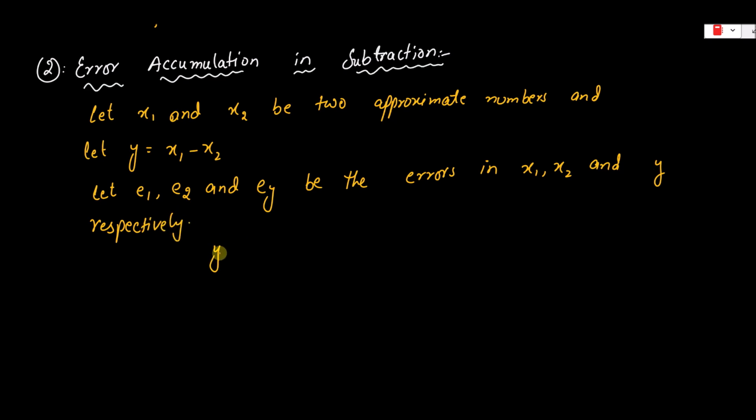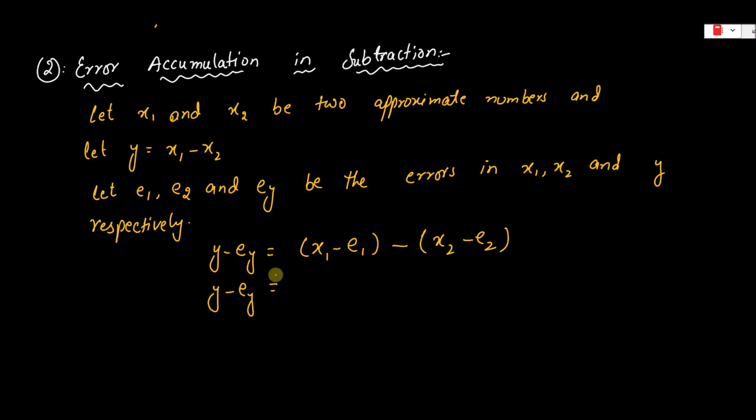So for that, we are going to choose the same y minus ey and x1 minus e1, where e1 is the error in x1. So we are going to subtract this error from x1. Then we have a negative sign. Previously, we used the positive, and here we are using a negative sign because we are finding the error accumulation in subtraction. Secondly, we have x2 minus e2, where e2 is the error of x2.